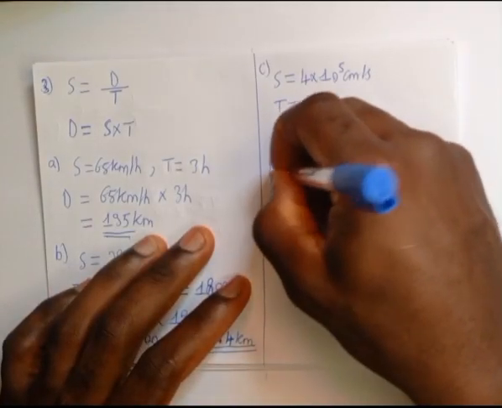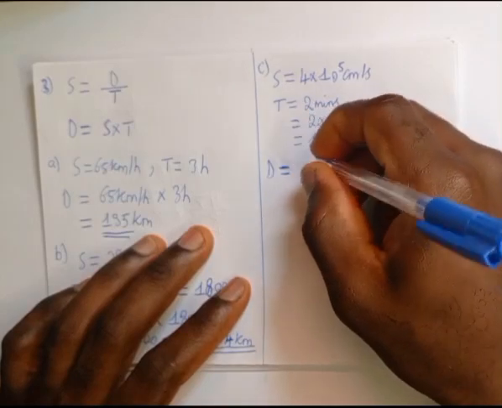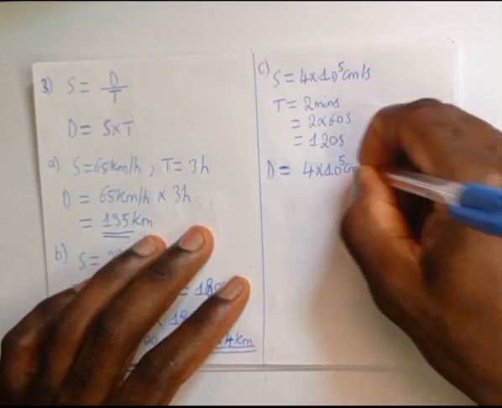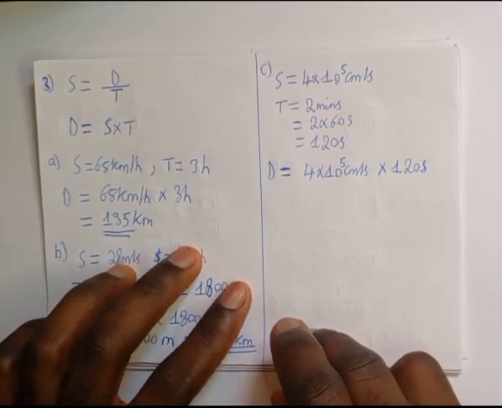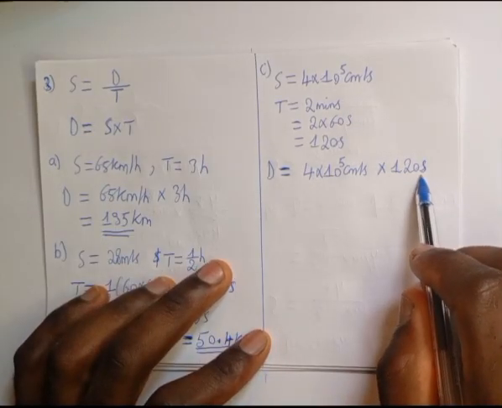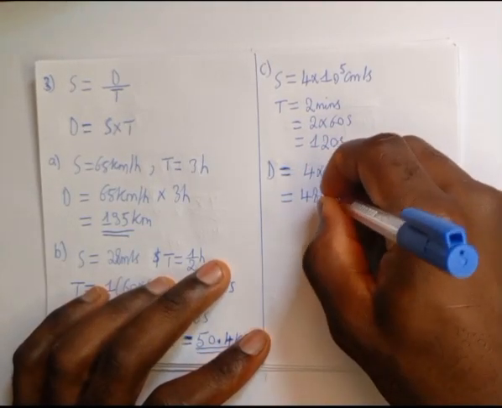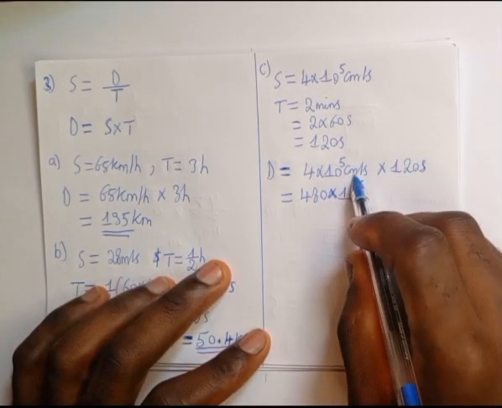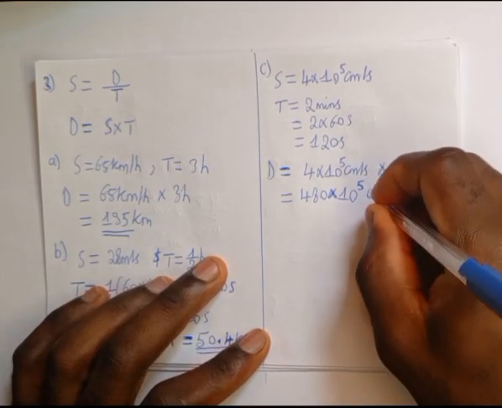Now for us to get the distance traveled, we are simply going to multiply the speed of the object by the time taken. 4 times 10 to the power 5 centimeters per second times 120 seconds. To perform the multiplication, 4 times 120 gives us 480 times 10 to the power 5 centimeters per second times second gives us centimeters.